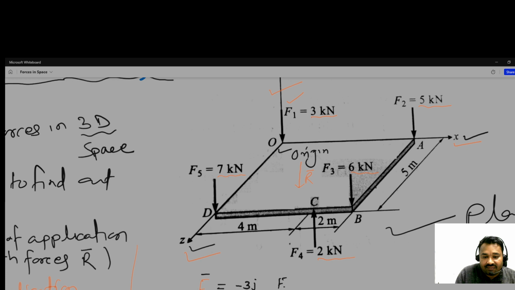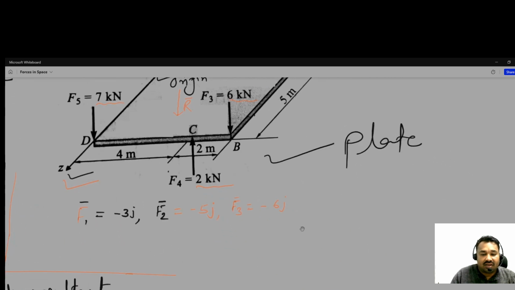What about F2? F2 is also acting downward, 5, and all the forces are acting vertically, either downwards or upwards. So let us take F3, this one. F3 is 6 kilonewton, and 6 with minus sign, j, and F4.